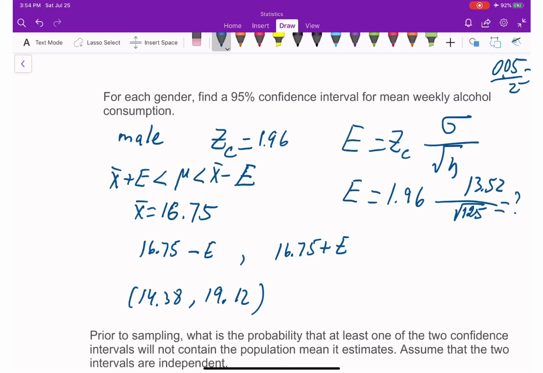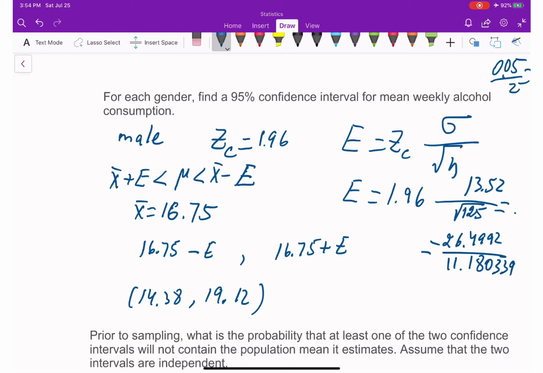So let me see what we are going to get, and I'm going to count out loud. 1.96 times 13.52 is equal to 26.4992, over square root of 125, over 11.180339.